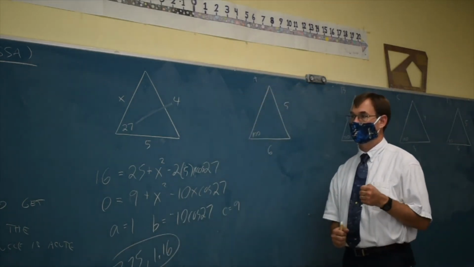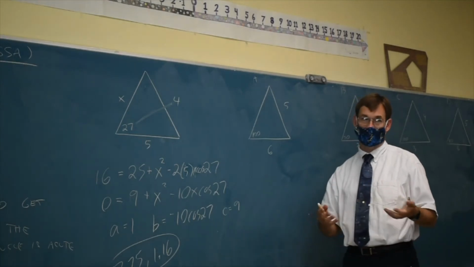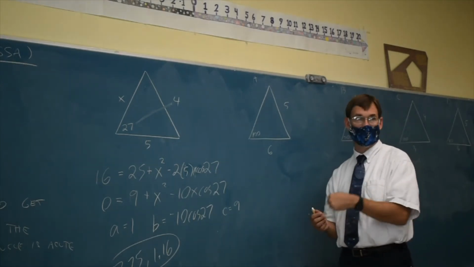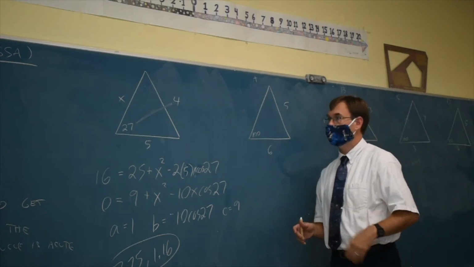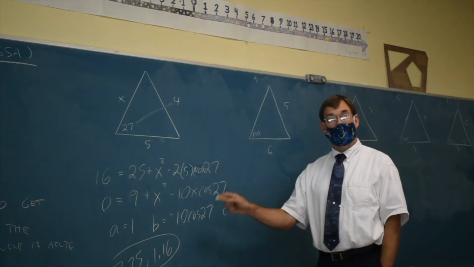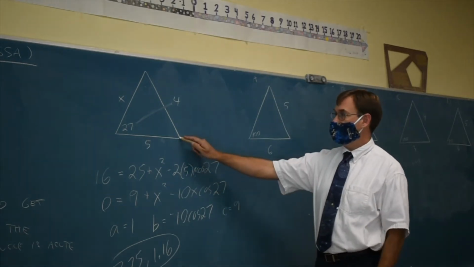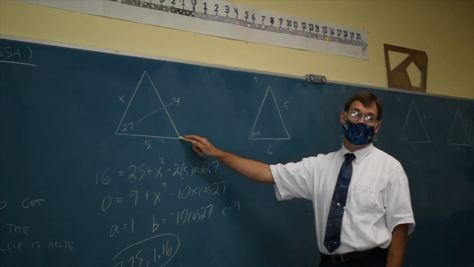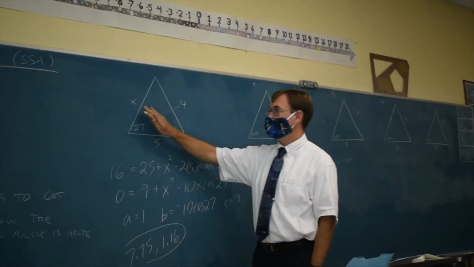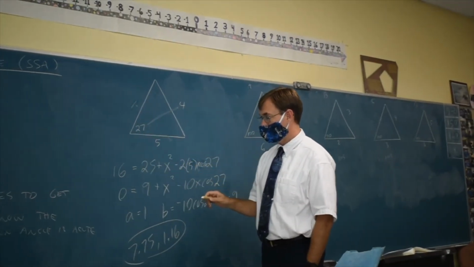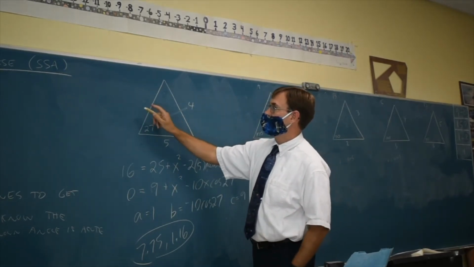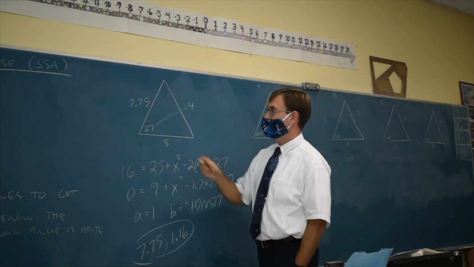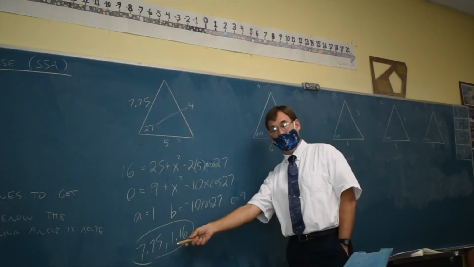Because as we discussed before we started, ambiguous means this could go different ways. There might be 2 answers. There might be 1 answer. There might be no answers. Okay. If this were a future day, what just happened is this triangle cloned itself. So if our goal in a future day, and it will be, is to get everything figured out, you would put 7.75 on the original triangle, because that's a valid answer.